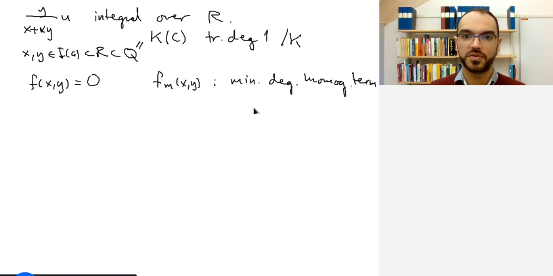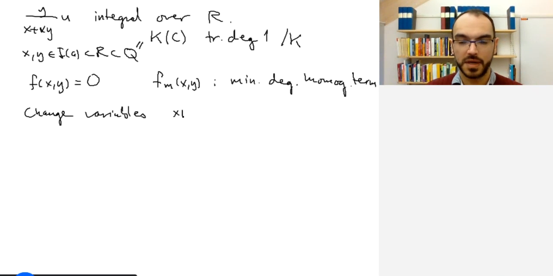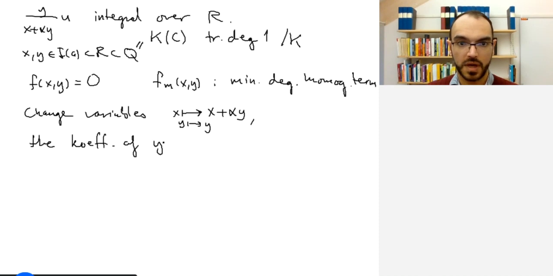If you think about it, and please do pause and think about it, if you make a change of variables, keeping the variable y, but changing x to x plus alpha y, and y is still y, then after this change of variable, the coefficient of y to the m in this thing will be f_m of alpha, 1.